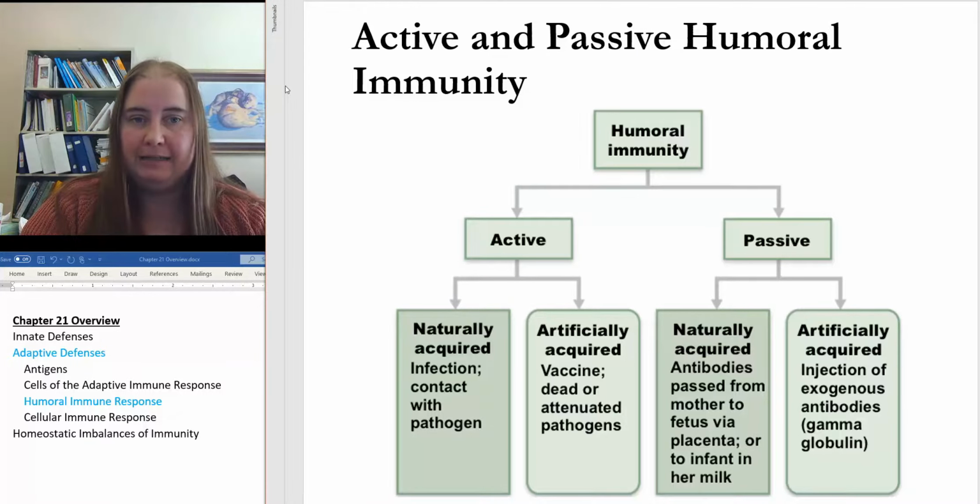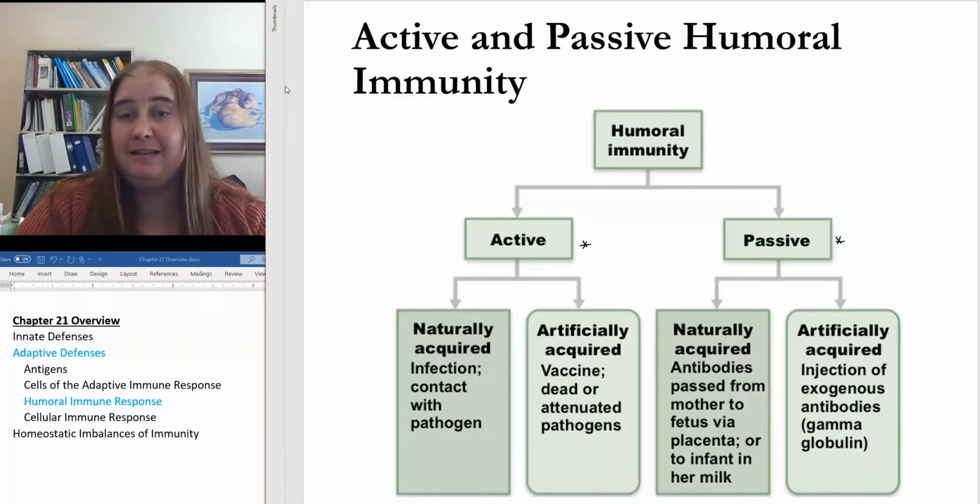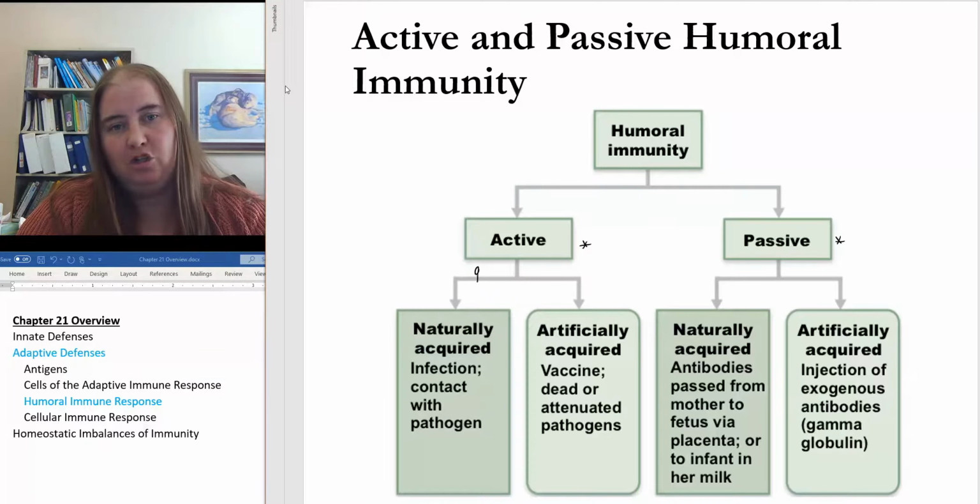There's active immunity and there's passive immunity. Now, active immunity: in active immunity, you're going to generate memory.